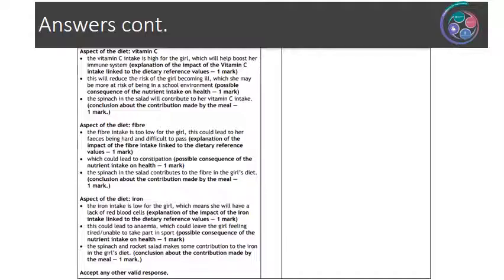The iron intake is low for the girl, which means she will have a lack of red blood cells, 1 mark. This could lead to anemia, which could leave the girl feeling tired or unable to take part in sport, 2nd mark. The spinach and rocket salad makes some contribution to the iron in the girl's diet, 3rd mark. So this Analyse question was worth 9 marks in total. You had to identify 3 of the nutrients and explain them using the RIC acronym.